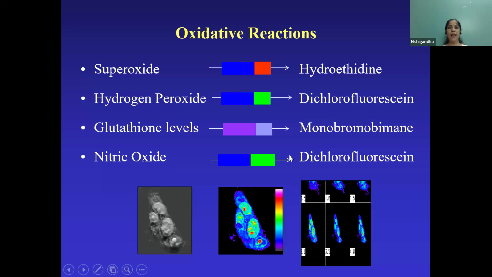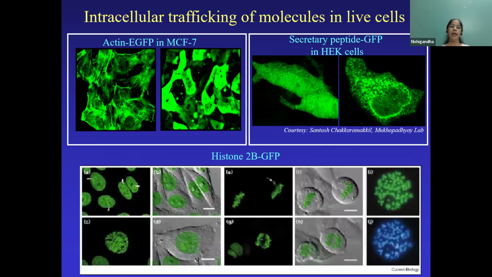There could be oxidative reactions which are very important, like superoxide, nitric oxide, glutathione, hydrogen peroxide. We have almost for every enzyme that we generally want to study different substrates which give fluorescent results, and we can look at them either as a direct intensity of fluorescence, or some reagents are such that you can even ratio them so that you are more sure about the fluorescence intensity than having a single color.